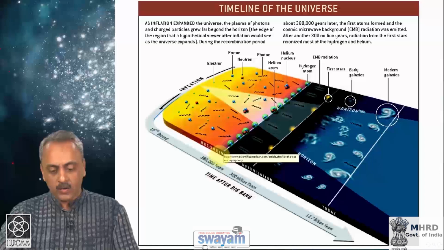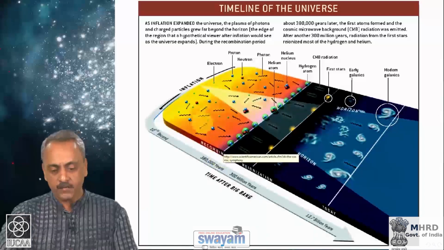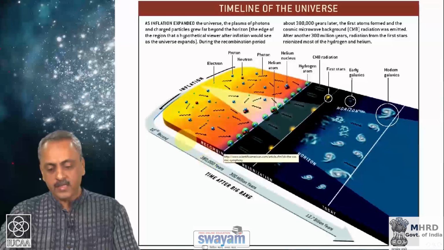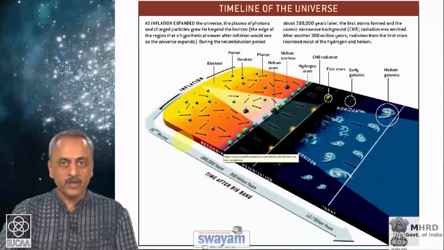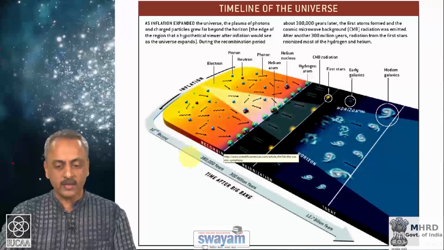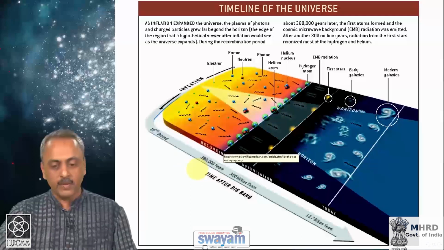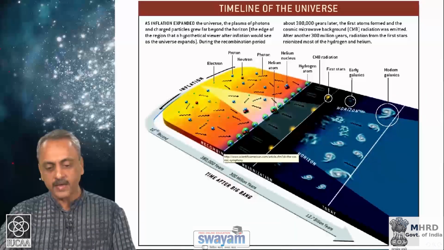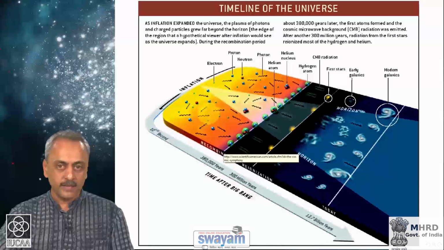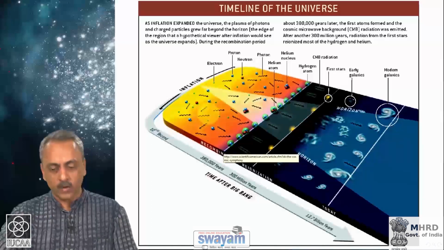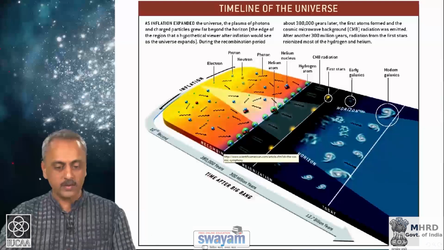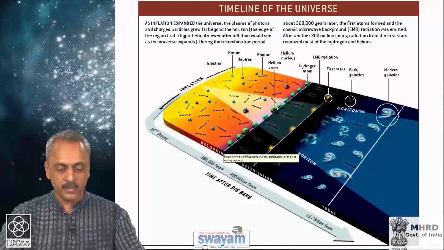So, about 380,000 years after the Big Bang, that is represented by this line, this is when the temperature of the universe fell sufficiently low so that the first atoms could be formed. Initially the photons and the matter particles were interacting so heavily with each other that atoms could not form, and it was a really hot boiling soup of these things.